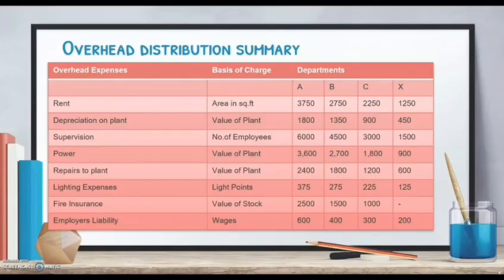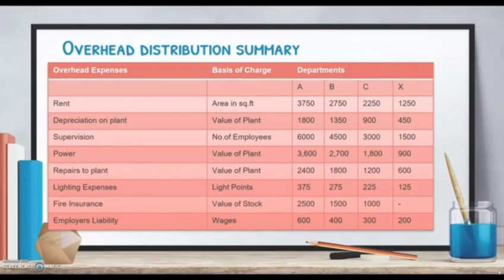We classified it in a ratio, and using that ratio, for department A, among the 10,000, we are going to charge rupees 3,750. For department B, we are going to charge rupees 2,750, for department C, 2,250, and for X, the service department, 1,250. How have we written this?